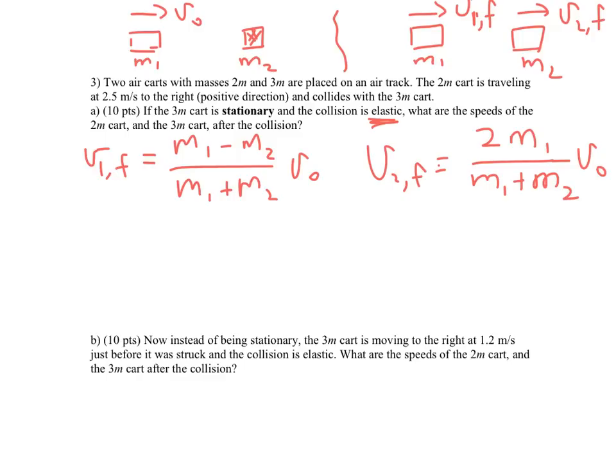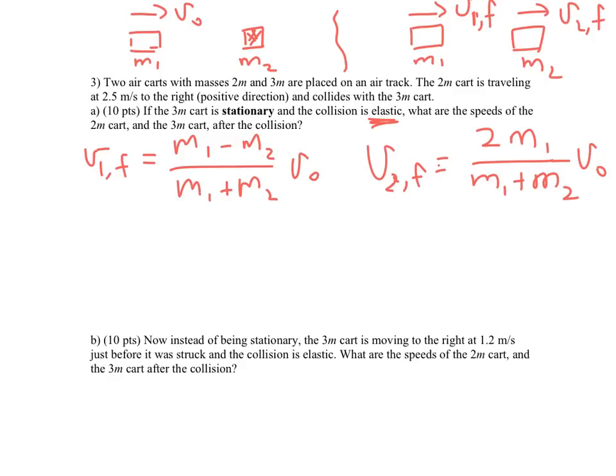So if you have these two formulas given to you, it's very simple. All you do is identify what m1 and m2 are and what v0 is.